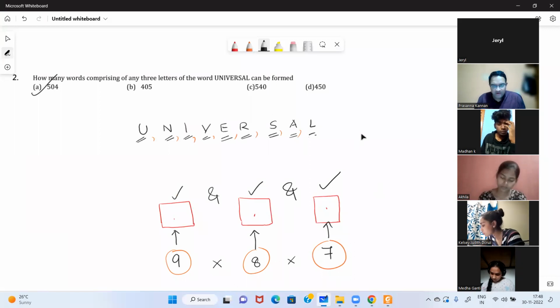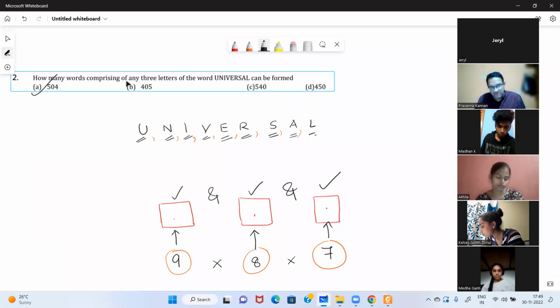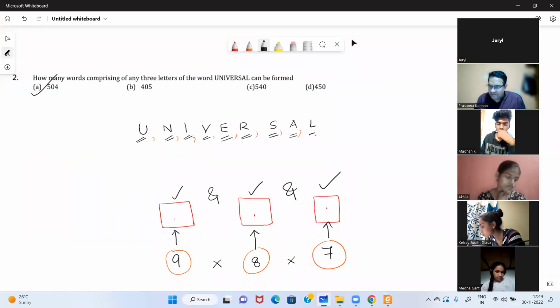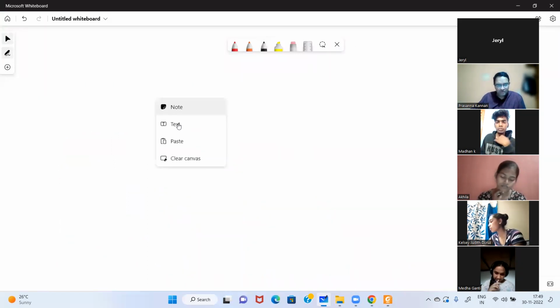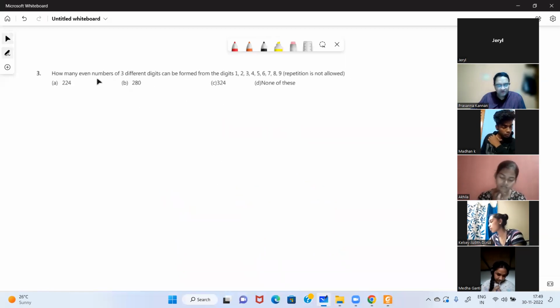And one more thing, in the previous question, if you see, how many words comprising of any 3 letters of the word universal, there itself it clearly shows that you are selecting 3 letters from there, right? So there is no question of repetition there. So let's look at the next question.